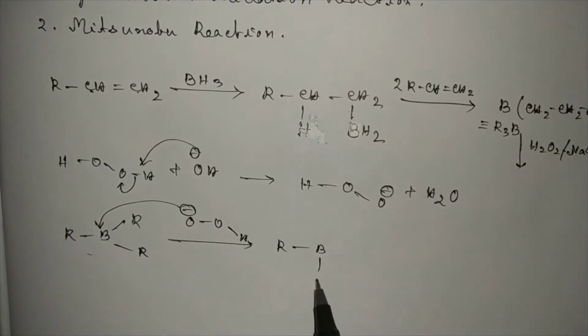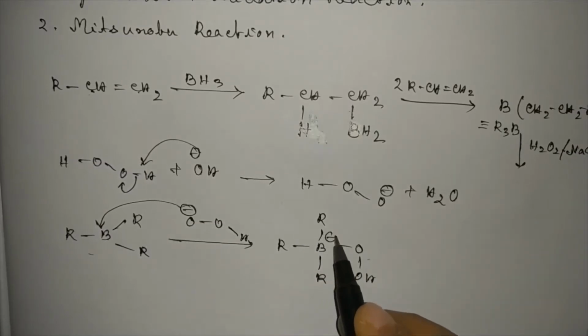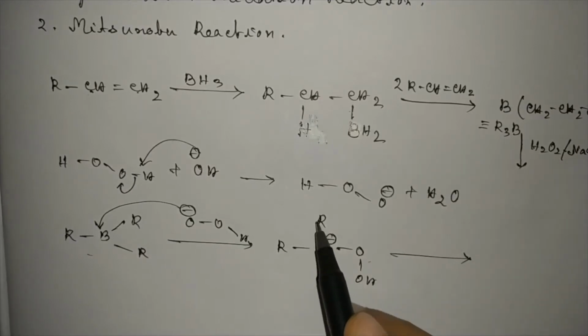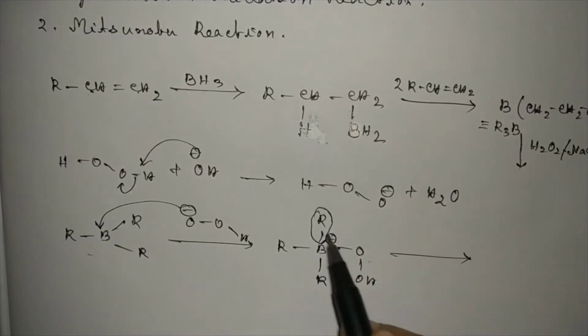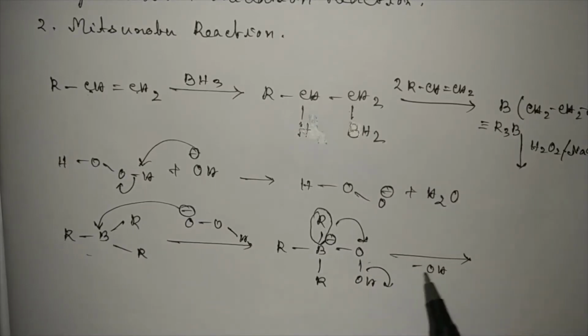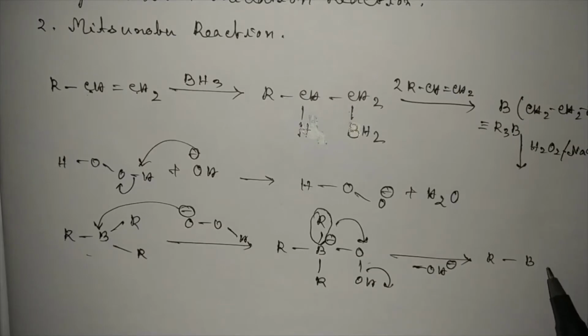So what will happen? Here will be a minus charge. Now a hydroperoxide rearrangement will occur: the R group will move to this oxygen and OH minus will be removed. So R2B–OR is formed.